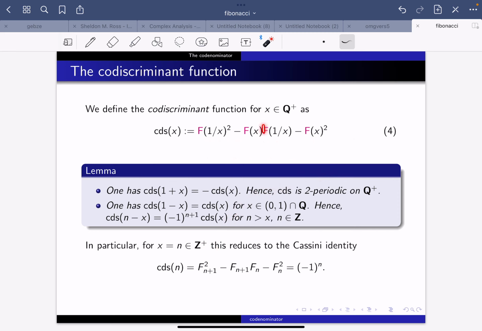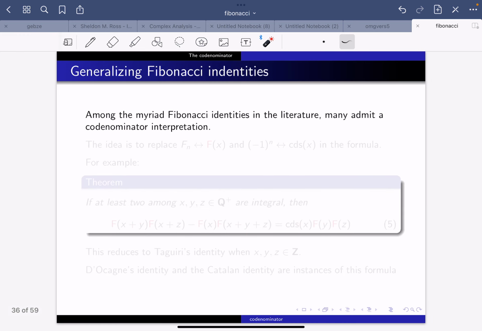And by doing the same thing here, we get that the codiscriminant of n is F_{n+1} squared minus F_{n+1} F_n minus F_n squared, which is minus 1 to the power n. We can use the codiscriminant function to generalize many Fibonacci identities found in the literature.